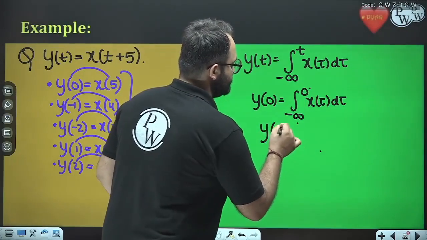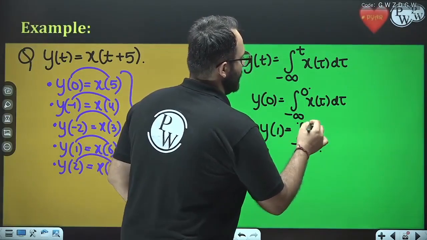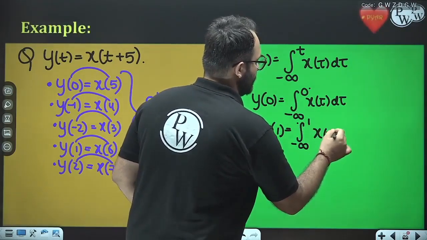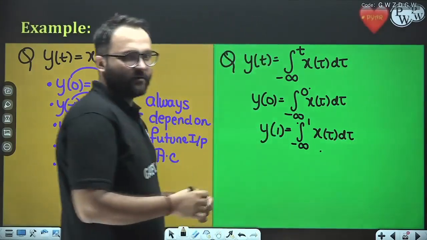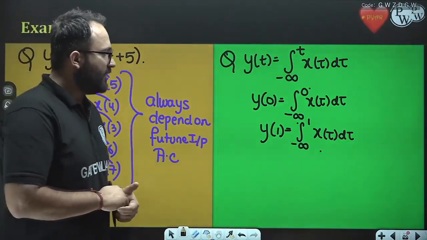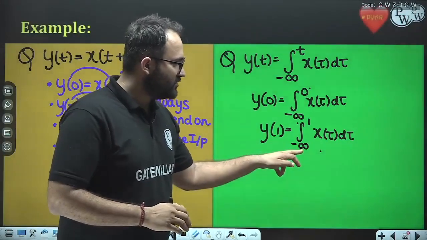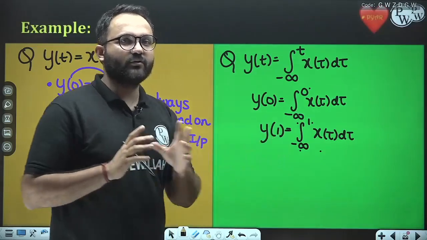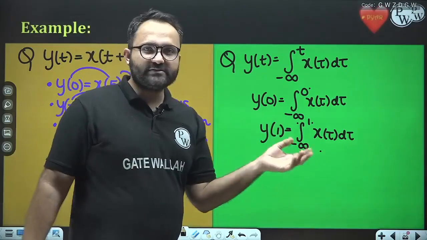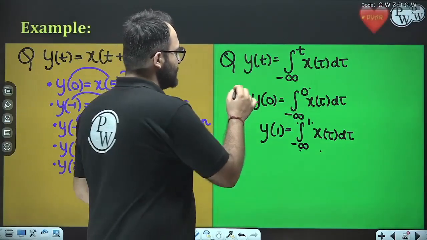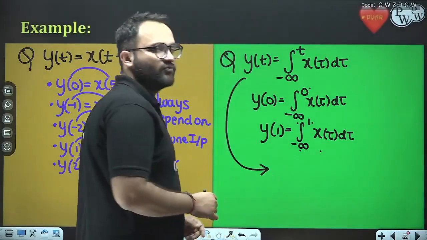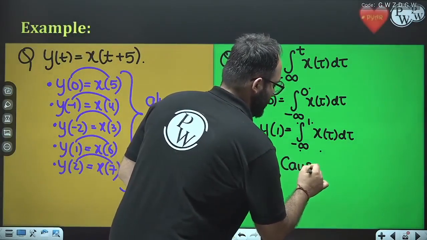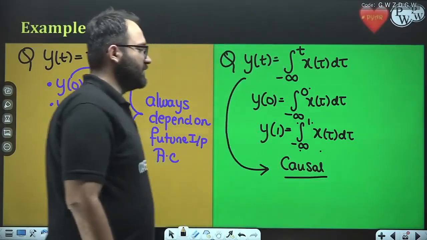Similarly, y(1) is the integral from -infinity to 1, dependent on the past or present input. It will never depend on the future, so it is a causal system.